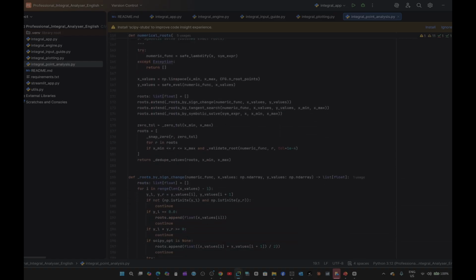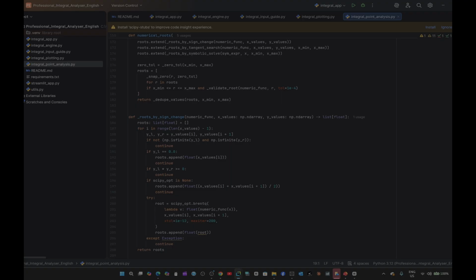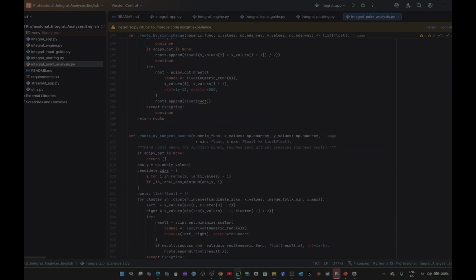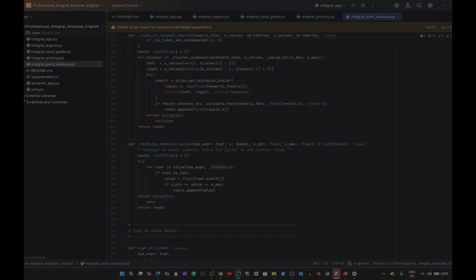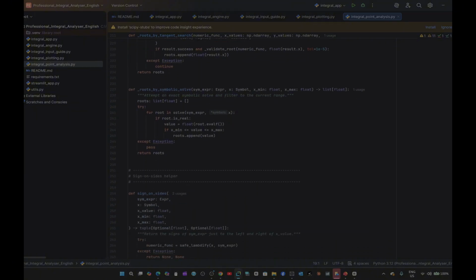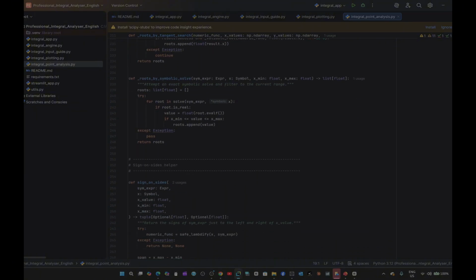You see the next one, a root by sign change. Sometimes you have a root by tangent, where the tangent is to the curve and so on, right? And a root by symbol. Normally when you have a root, you have two areas, one positive, one negative, when you go to the root, right? So side by side and so on.